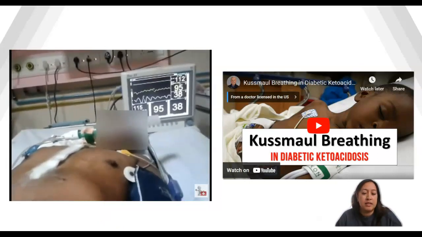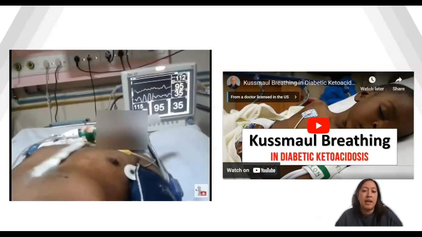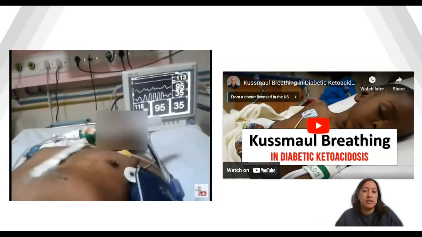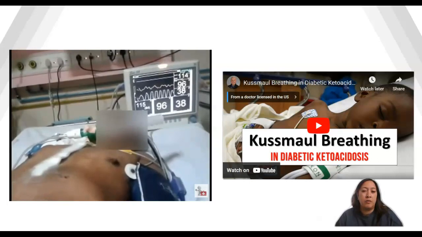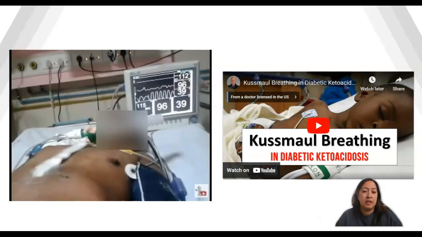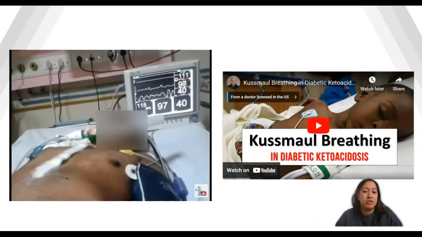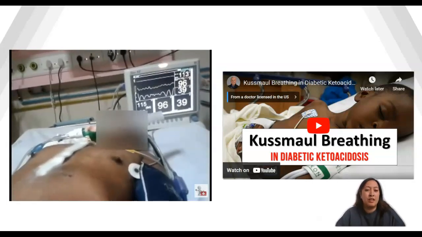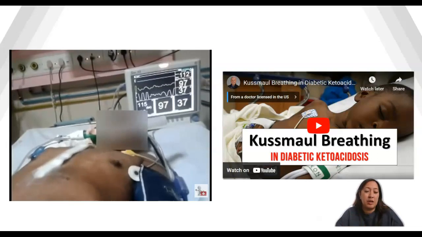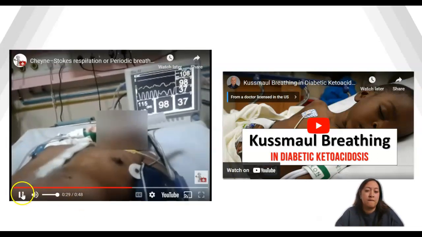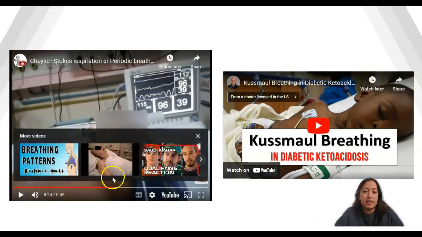Then it's going to start slowing down in rate and depth, and they'll have a period of apnea. And then they'll do it all over again. So this is Cheyne-Stokes. You can see it. Let me see if I can go back.